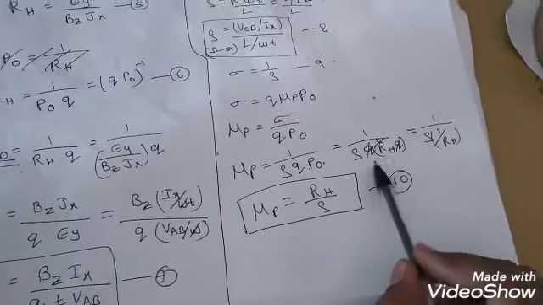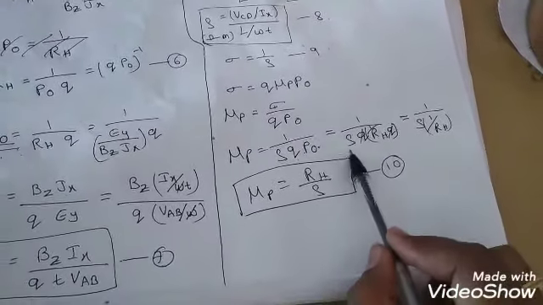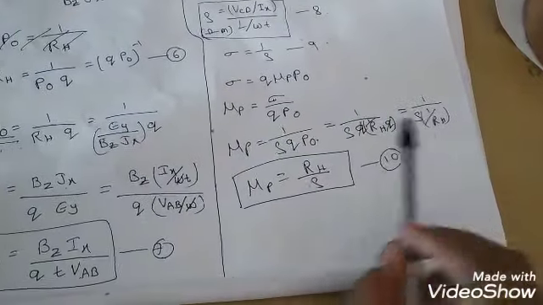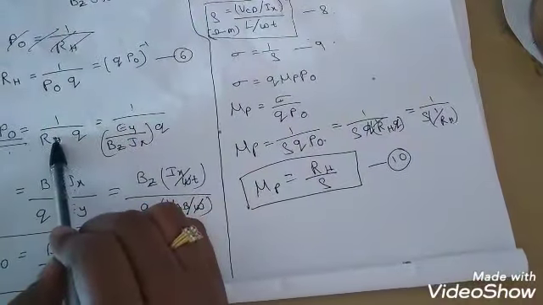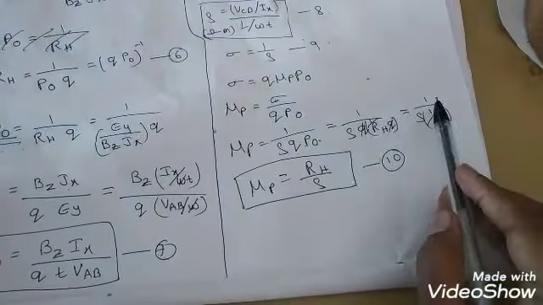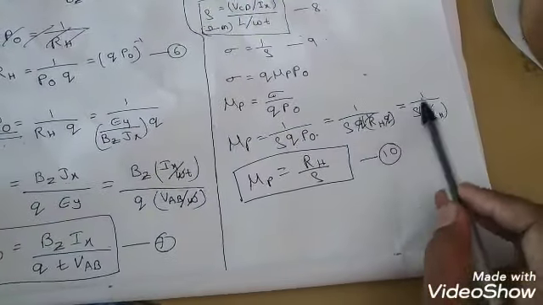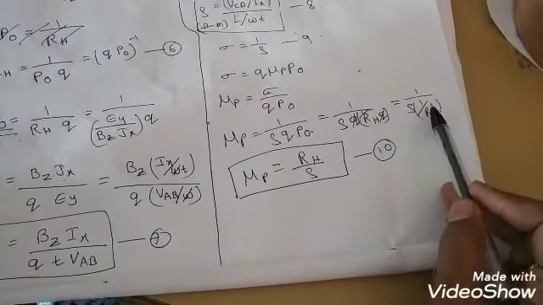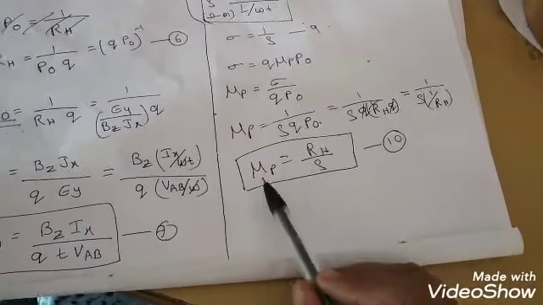So writing it here, 1 by rho into q times R_H q. That is from equation number 6. This q and this q will get cancelled, so the left out part is 1 by R_H, which will go to the numerator.